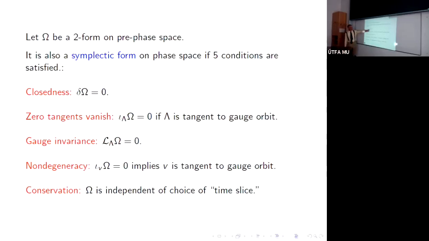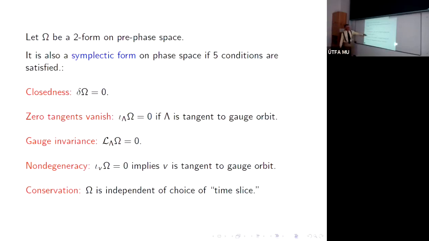The first is that this two form has to be closed with respect to this exterior derivative. The second is that zero tangents vanish. If you contract the symplectic form with the vector field of a gauge transformation, you should get zero. That's because on phase space, the vector field of a gauge transformation is actually the zero vector. So that just says that zero vector fields actually vanish.